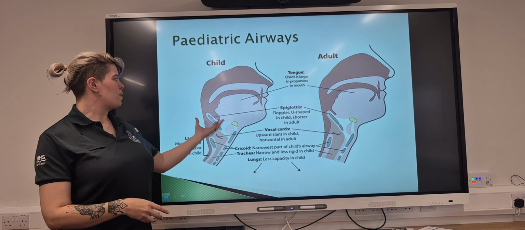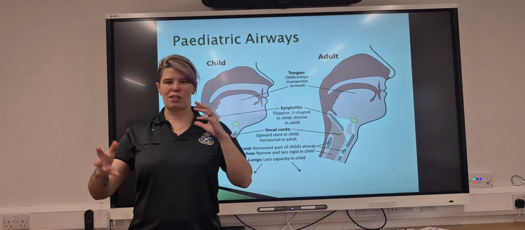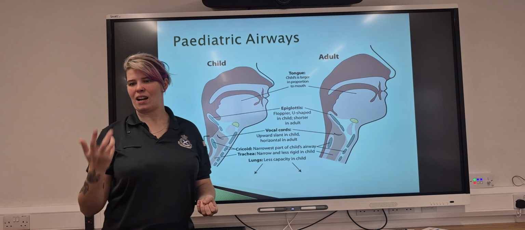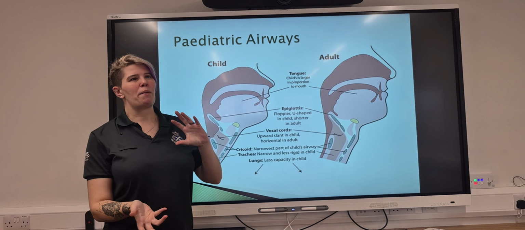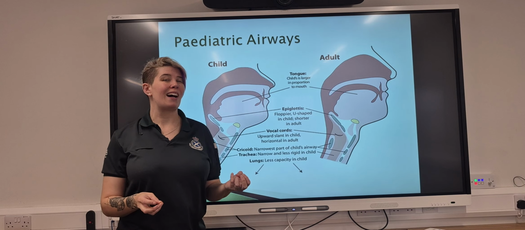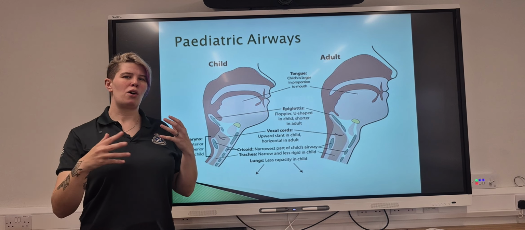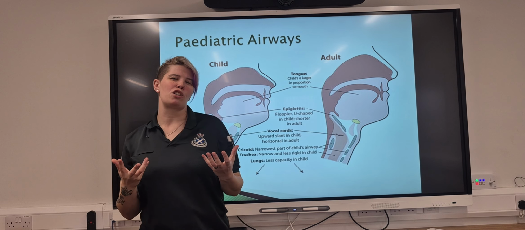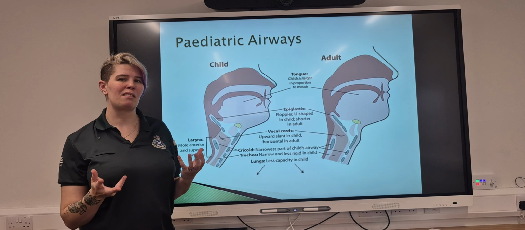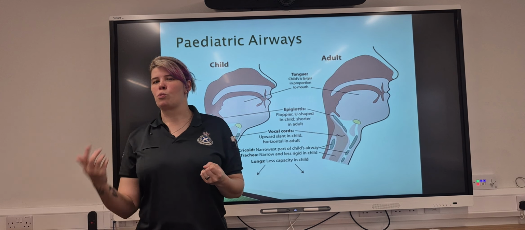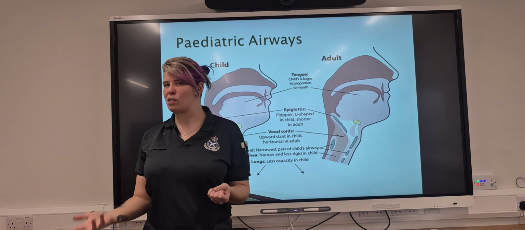We also think about things like the epiglottis as well. It's floppier. The reason why I mentioned that as well is we think about epiglottitis, stuff like that. So a lot of upper respiratory infections maybe wouldn't affect an adult as much, but are going to affect the child quite severely.